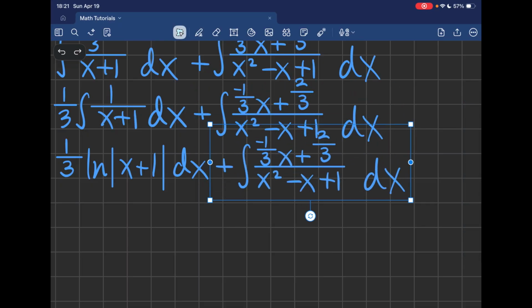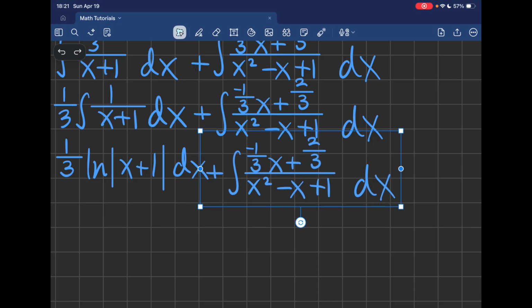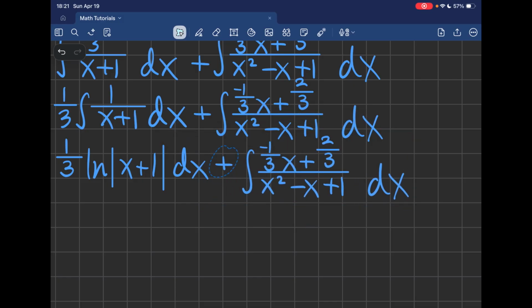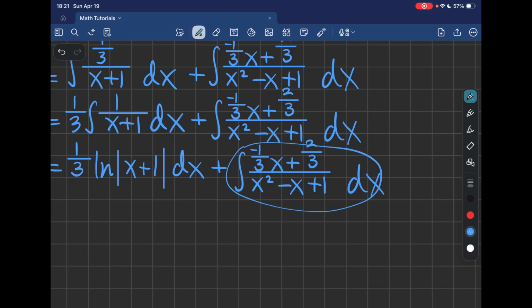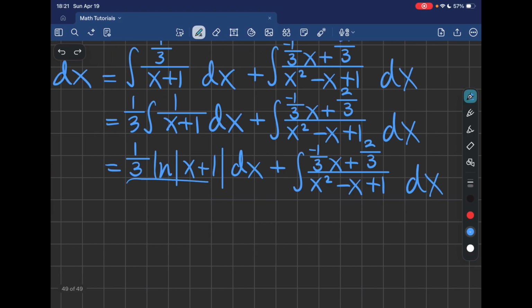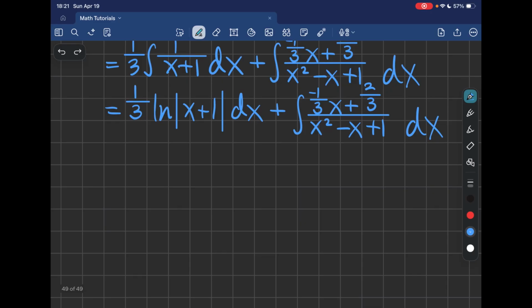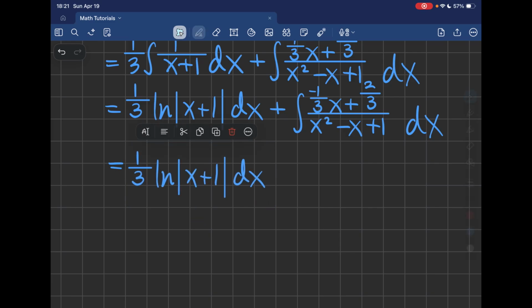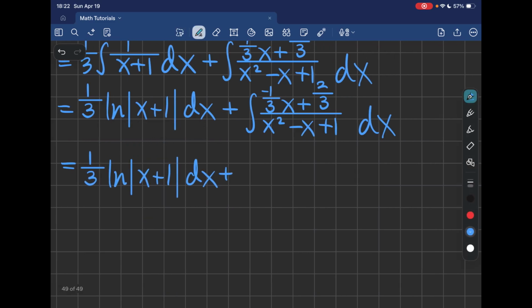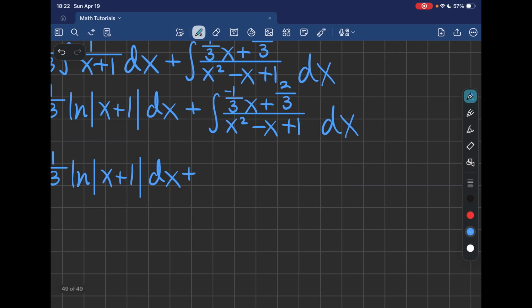Now we just copy this down again. So now we want to focus on tackling this one because we are already done with this one. I'll copy this down. Plus, well, the numerator looks really messy, so we want to pull out a factor, right?